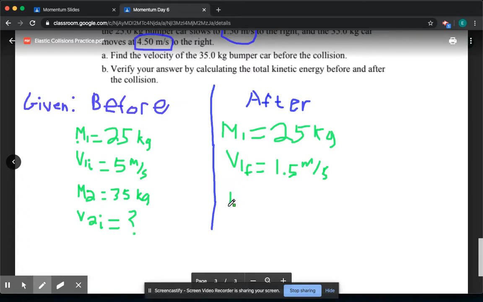And then M2, the mass doesn't change. This is 35 kilograms. And the velocity V2F is equal to, they say, 4.5 meters per second.